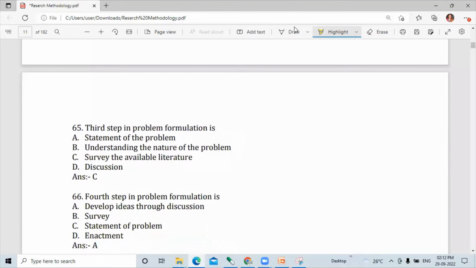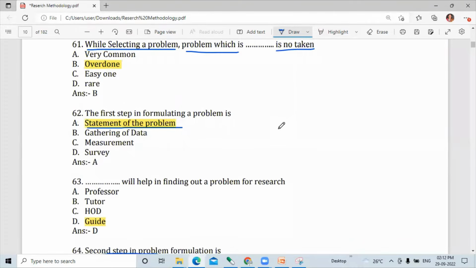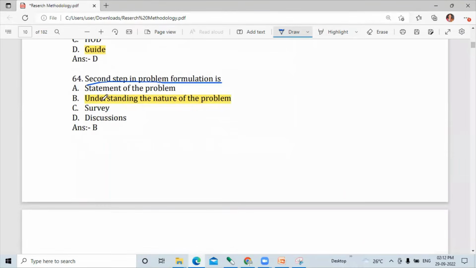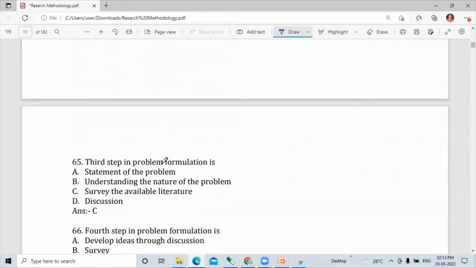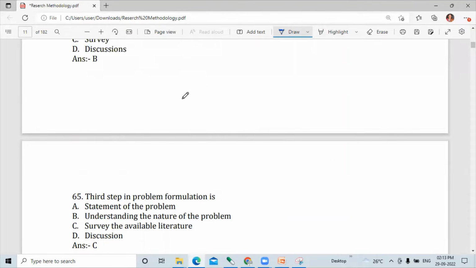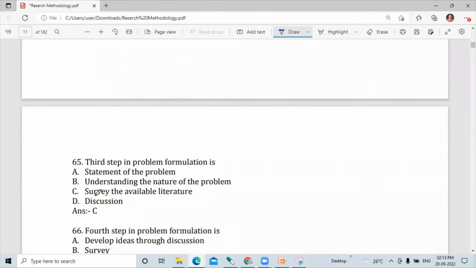Next, third step in problem formulation. The first step is the statement of the problem, and the second step is understanding the nature of the problem, and they have asked the third step. So second is understanding, and the third is what? Survey the available literature.